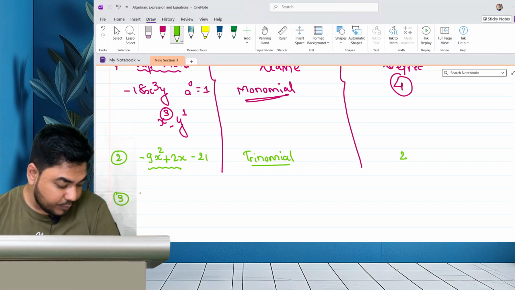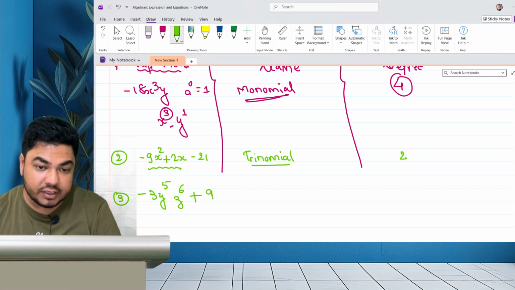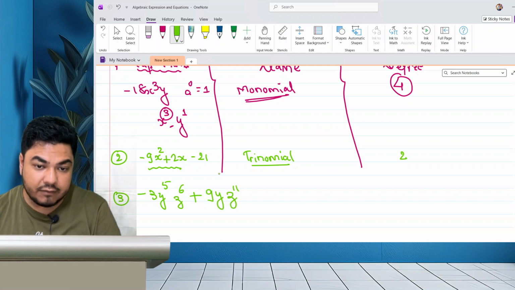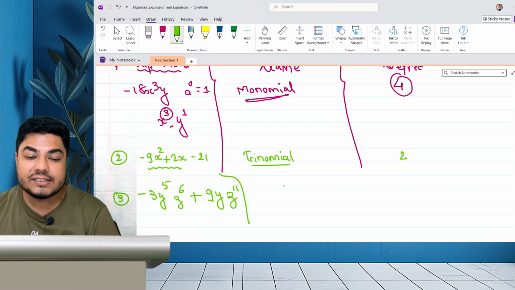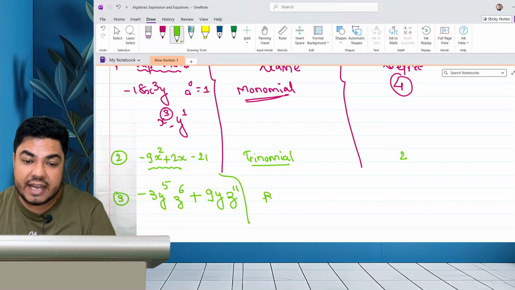The third example, let us understand: minus 3y to the power 5, z to the power 6 plus 9 y z to the power 11. If I want to see, it falls under the category of binomial because it is having two terms in it.